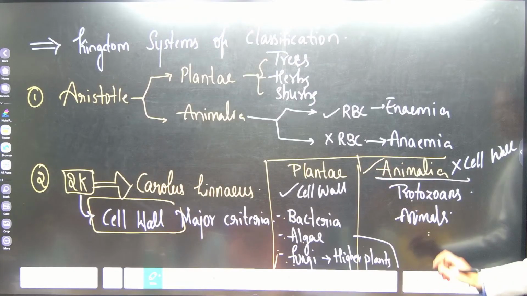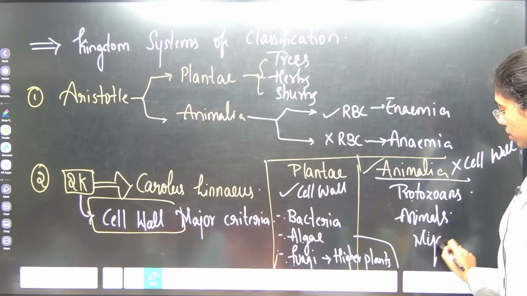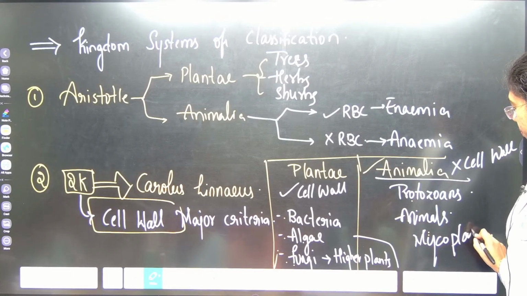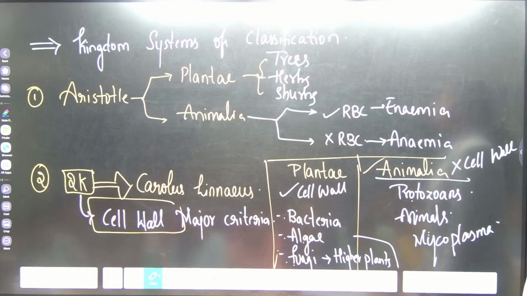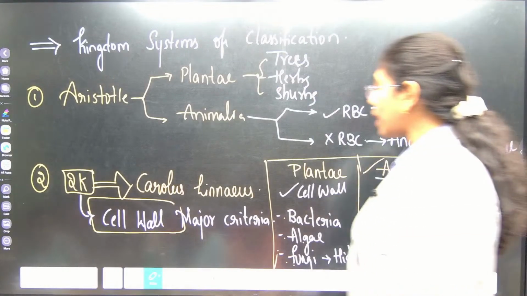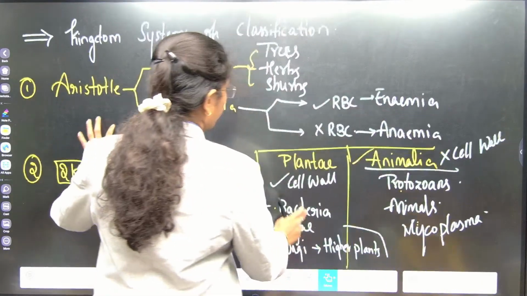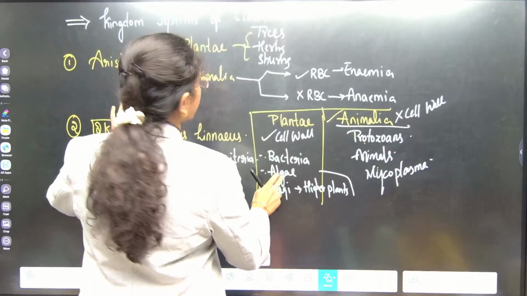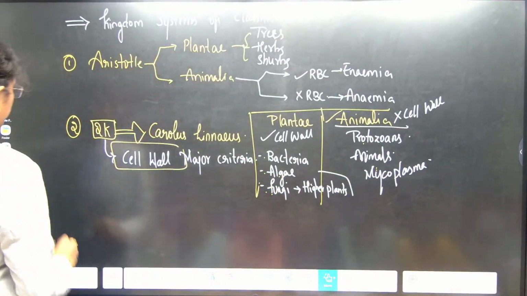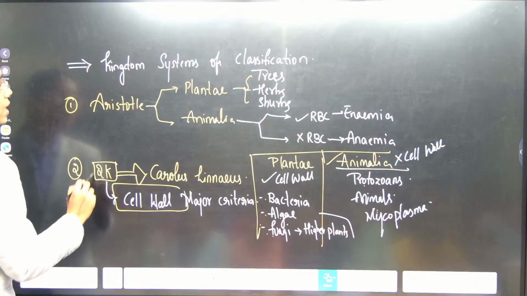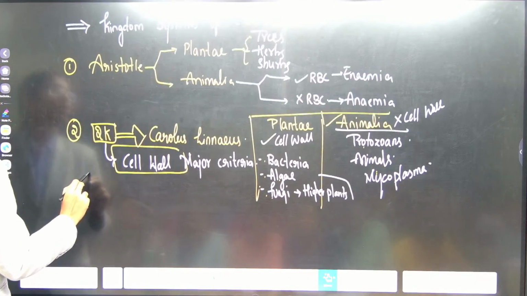Animalia. Mycoplasma, okay. So what are the major drawbacks of the two kingdom system of classification?